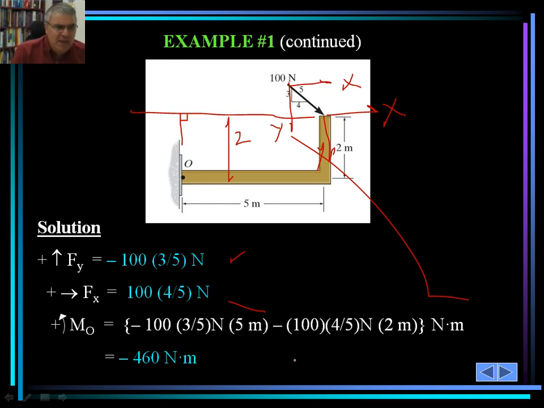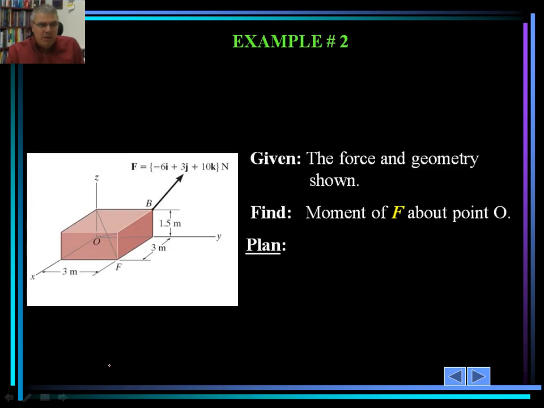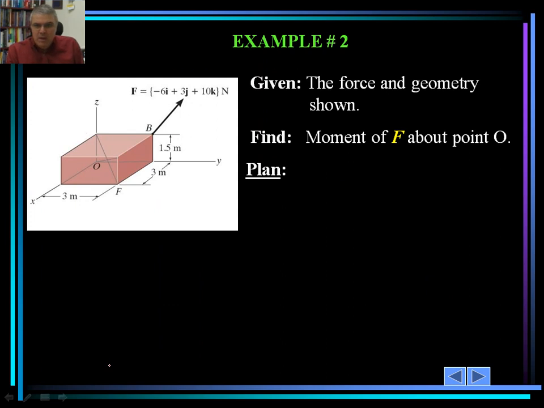Now, if you assume the sign convention as clockwise positive, as I show here, still both of them would turn out to be negative, and M sub O would be minus 460 Newton meter. Again, as we do more problems, things would become more clear to you. Let's do another example.